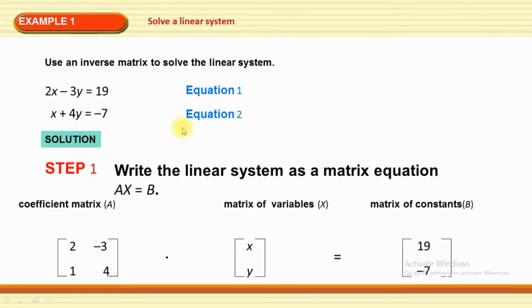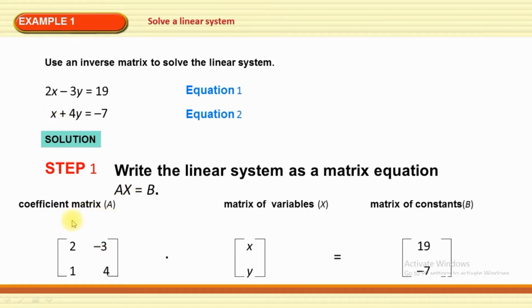So, dear students, note that first of all, in the first step, write the given system in matrix form, meaning Ax = B. The coefficients of the variables in this system are 2, -3, 1 and 4.